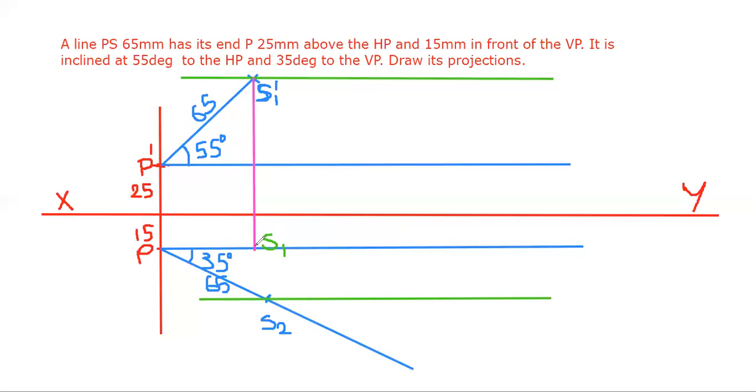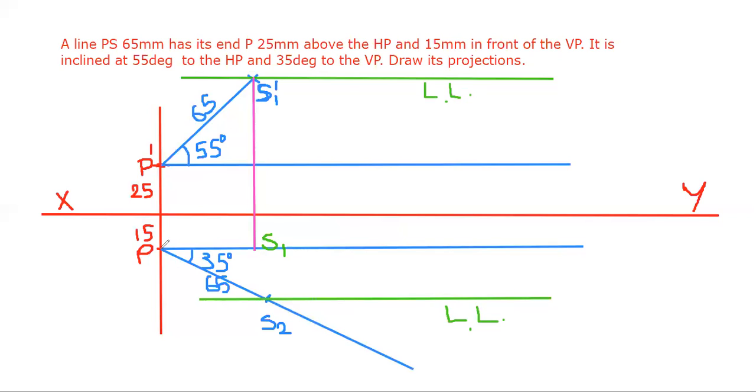PS1 distance you have to take in the compass from P as a center, PS1 as a radius. You have to draw one arc so as to cut this locus line. This is also the front view locus line, and this is the top view locus line.